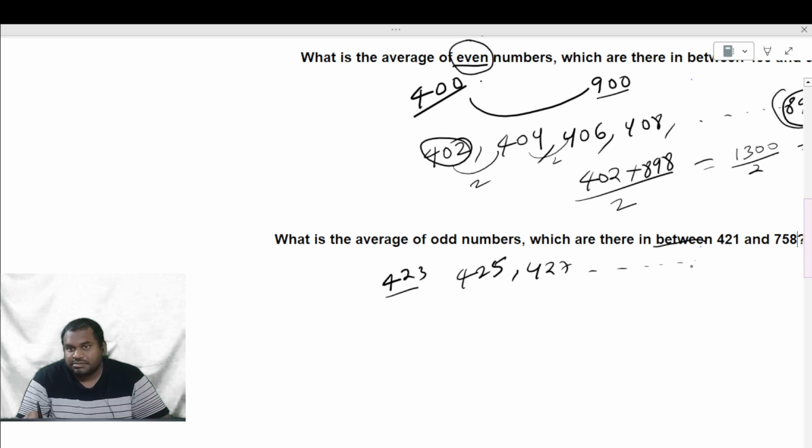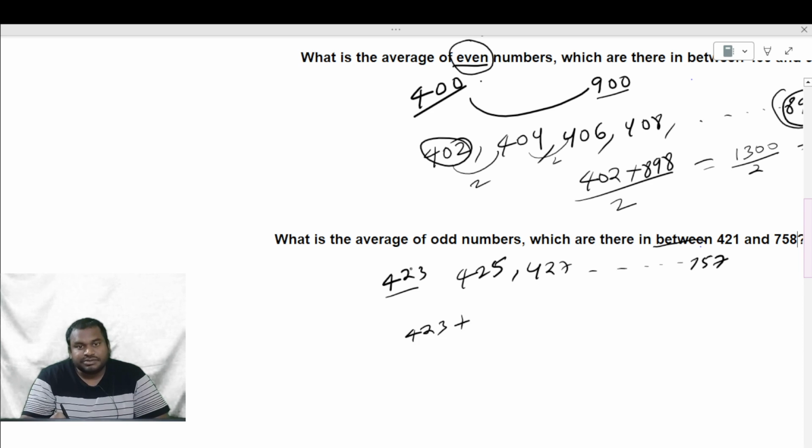What is the odd number which comes before 758? 757. An odd number is any number which, if I divide by 2, gives a remainder of 1. Okay, then 423 is the first number.